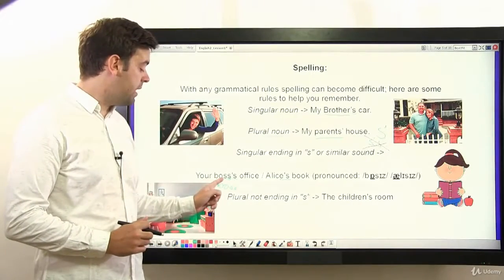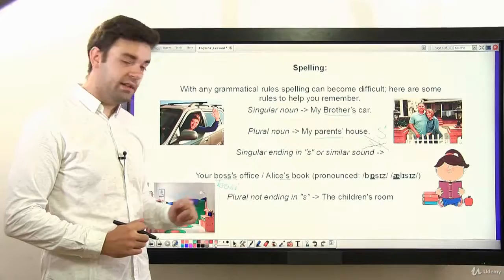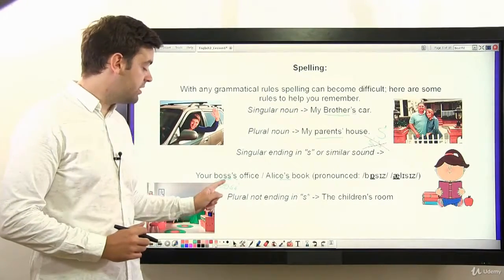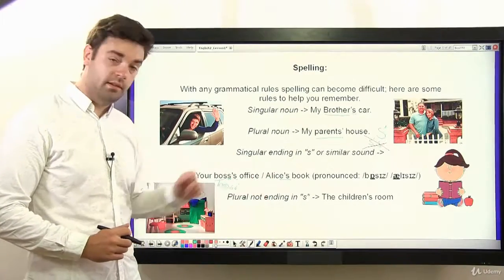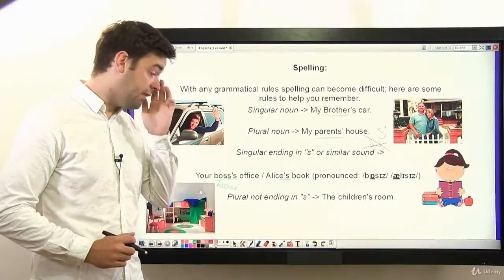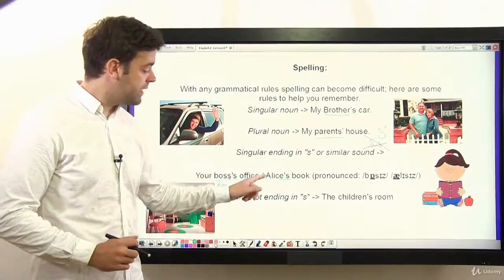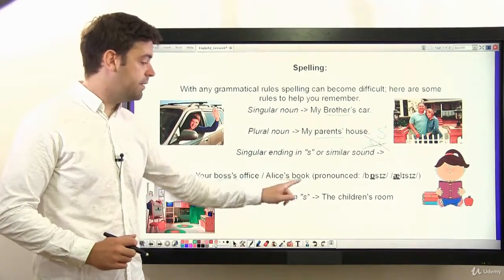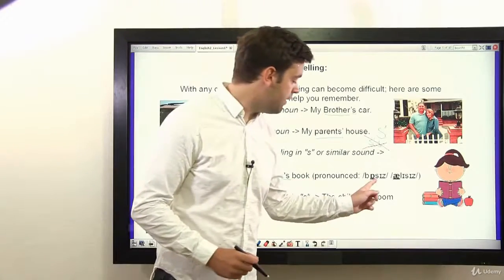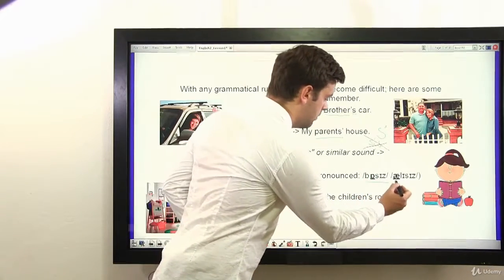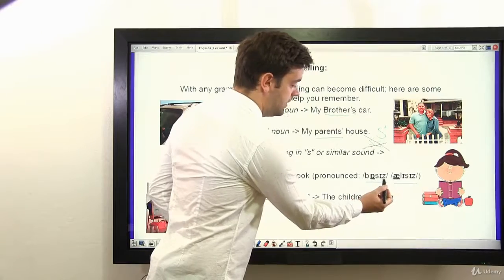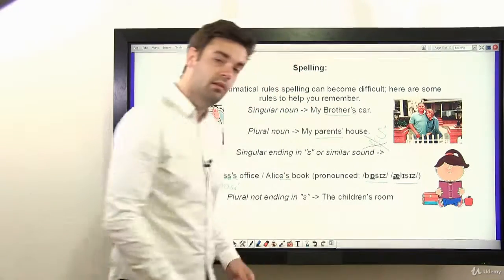So boss is the person, office is the thing. Alice is the person, the book is the thing that she possesses. So Alice's book. Here we have the phonetics.